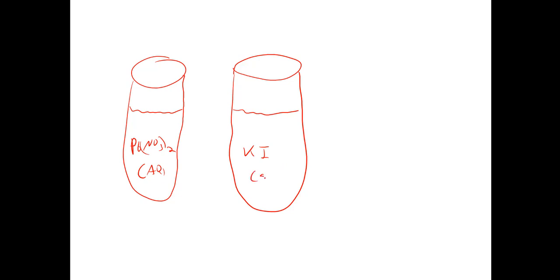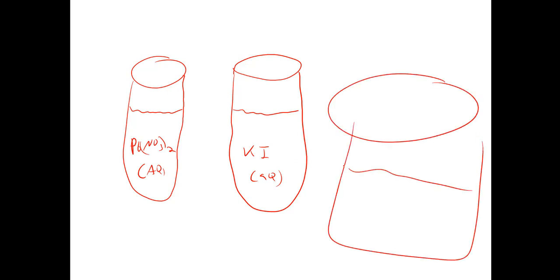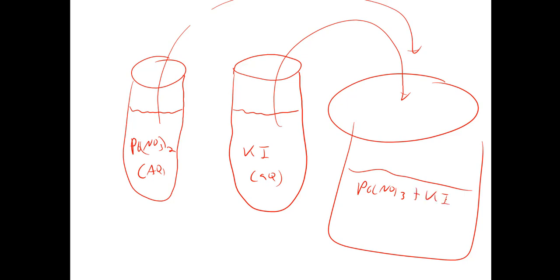And again, it's aqueous because all the potassium iodide is dissolved in water. What we're going to do is stick both of them inside a beaker. And then you're going to have a combination of dissolved lead nitrate and dissolved potassium iodide inside.